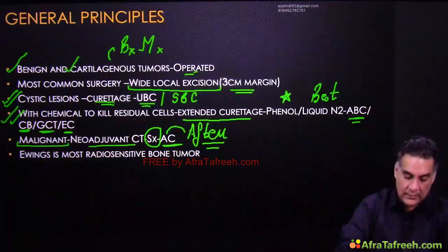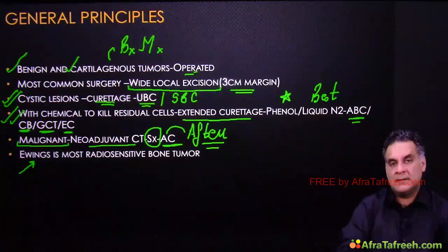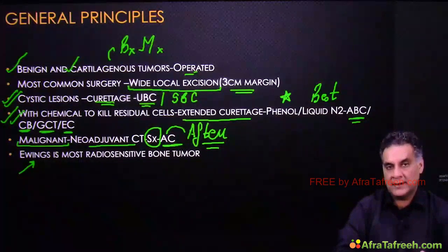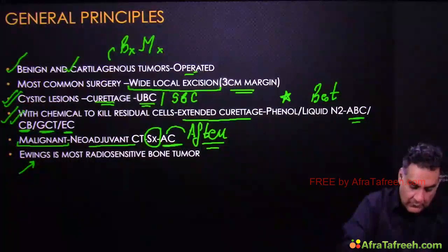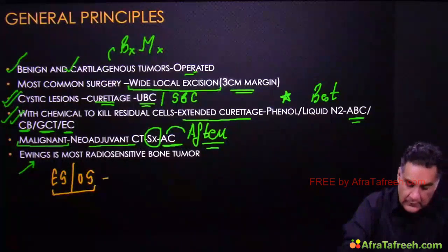And then remember the golden classical teaching. A tumor that melts like snow with radiotherapy is called Ewing's. Most radiosensitive tumor known to mankind. But there's something I want to tell you. Both Ewing's and osteosarcoma, they peak in the second decade.